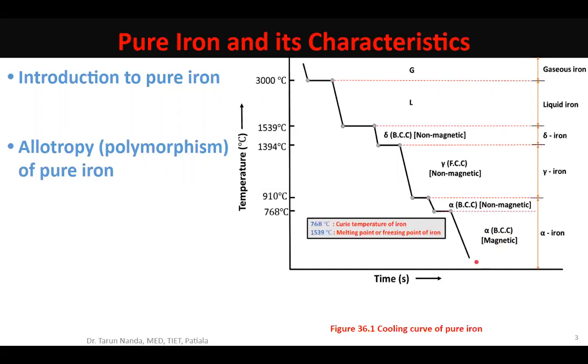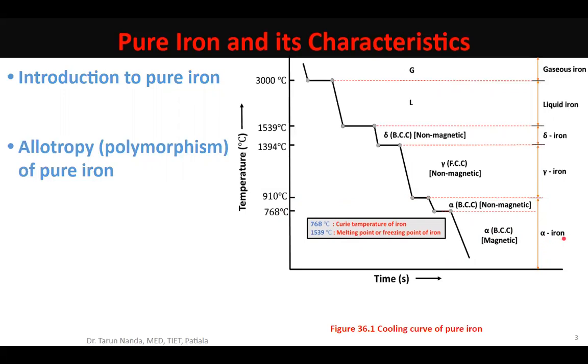And right from 0 till 910 degrees centigrade, this phase will continue to exist in iron, and as such iron is called alpha iron.